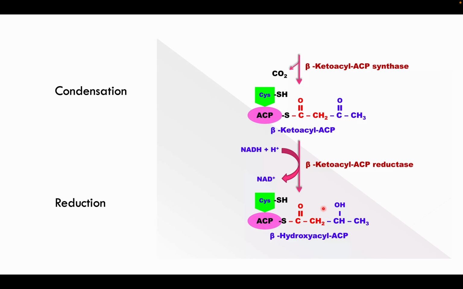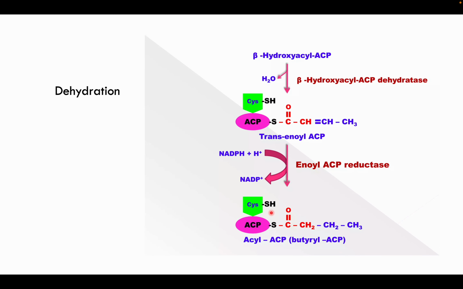By adding the OH, we are doing the reduction, and the compound that is formed is beta hydroxyacyl ACP because it has the hydroxyl group, and the acyl group attached with the ACP. So these are the two important steps of this reaction, the condensation and reduction. And the next step is dehydration.